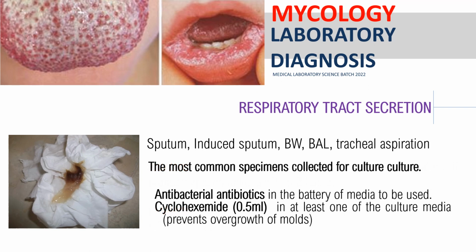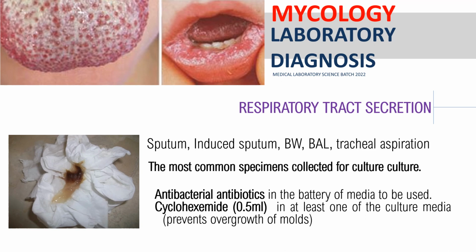So yun nga class, ito yung nabanggit ko na kanina that the most common specimen collected for culture is your respiratory tract secretions. Take note class that respiratory tract secretions, specifically in the upper respiratory tract, contain what class? Tama, normal flora.